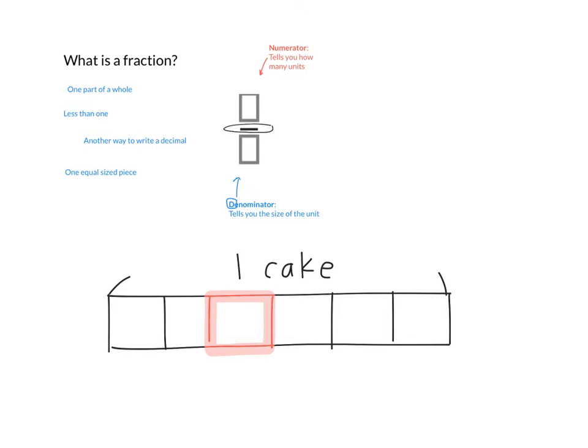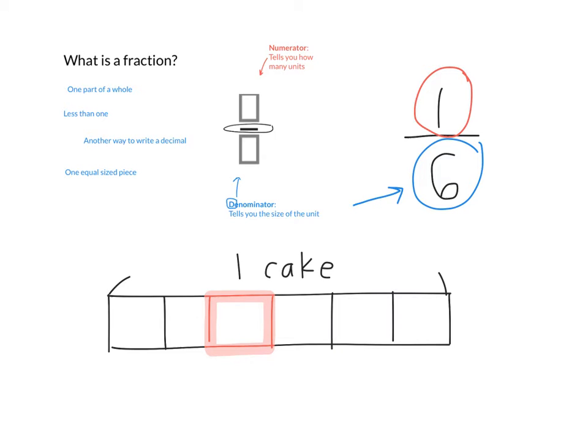That's one piece out of a total of 6 pieces. What number is the numerator? Everyone? 1. What number is the denominator? 6. So remember, the denominator tells us the size of the unit. So how big is each unit then? It's 1/6. And then the numerator tells you how many 6ths we have. In 1/6, how many 6ths did we have?